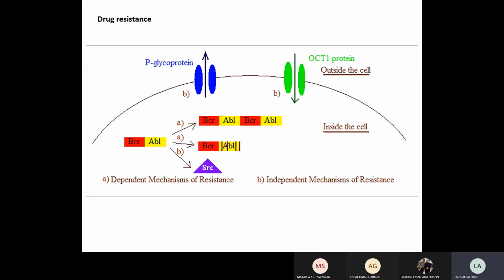The pathways for resistance, in particular resistance against BCR-ABL, can be, let's say, dependent on the BCR-ABL kinase or independent.